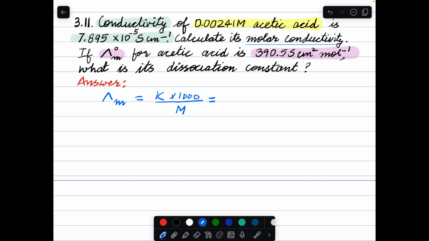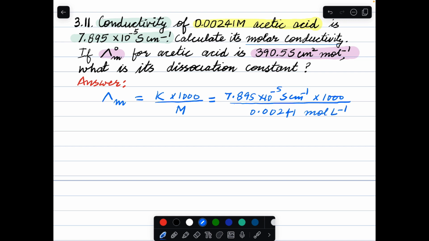Conductivity is 7.895 into 10 raised to the power minus 5 Siemens per centimeter, then 1000, and in the denominator we have the molarity, 0.00241 moles per liter.